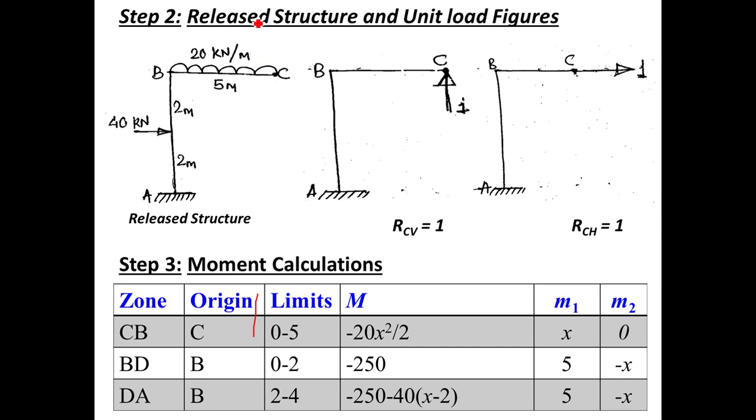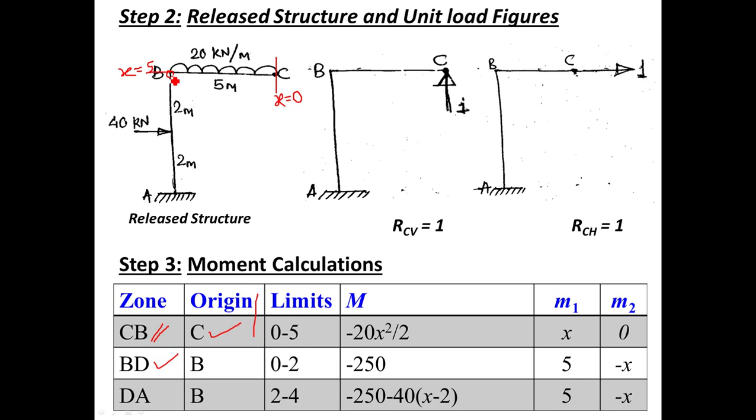So if you look at the first zone, that is the CB zone, for that we will take origin as C. It means x is equal to 0 at C for the CB zone, and x is equal to 5u at B, considering the horizontal distance. Then if you look at the remaining two zones, which are from the column, the first zone is B to D. Now we have to change the origin because we have shifted from beam to column.